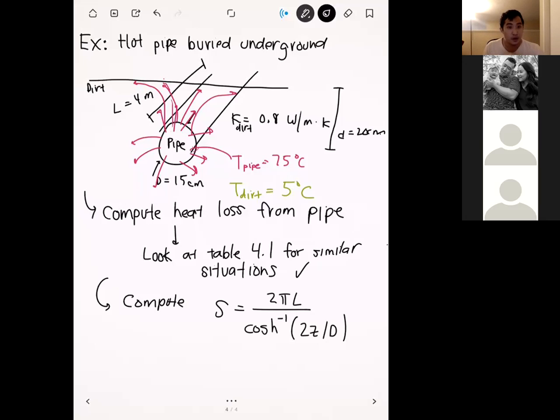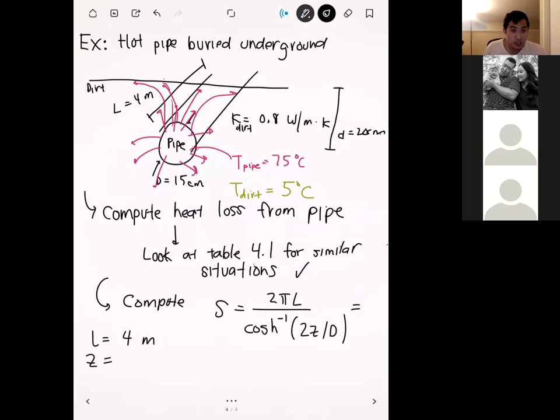And so all we have to do here is just plug in for all the numbers. We have everything from the problem. We know that L, which is the length of the cylinder, is 4 meters. Z here is the depth that it's buried, and if you look at table 4.1, you'll see that Z is that length.